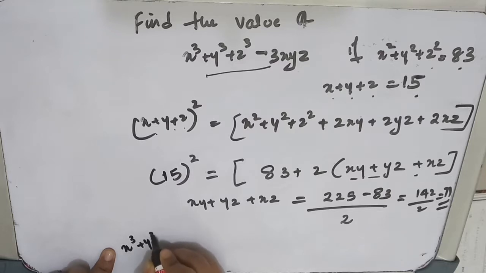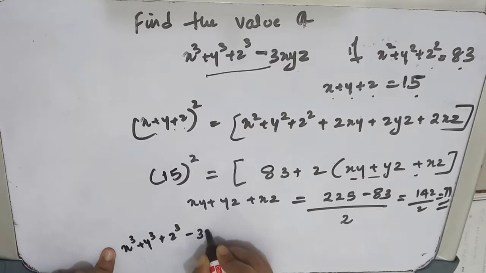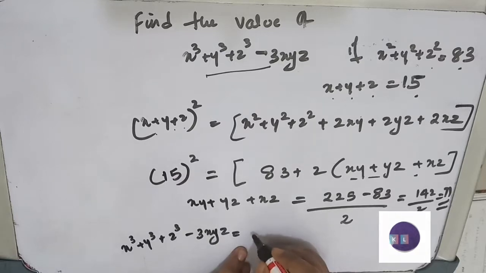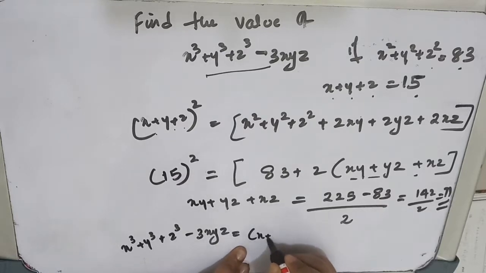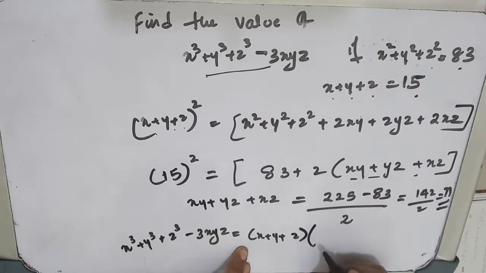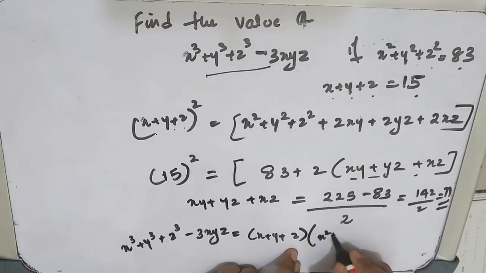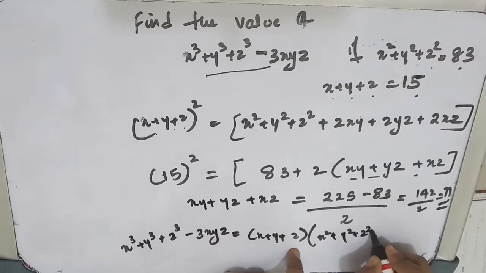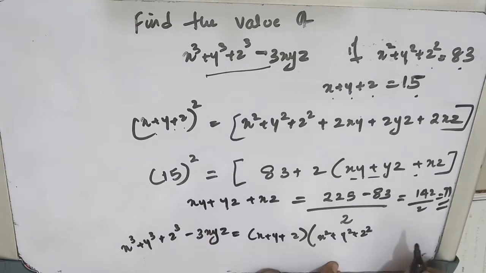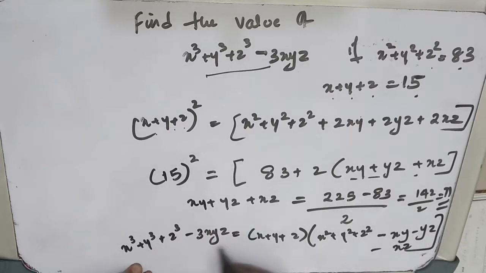X cube plus y cube plus z cube minus 3xyz can be written according to the algebraic identity as x plus y plus z into x square plus y square plus z square minus xy minus yz minus xz. Now we know the value of x plus y plus z, that is equal to 15.